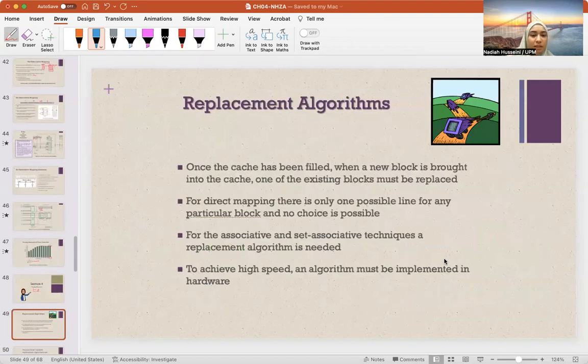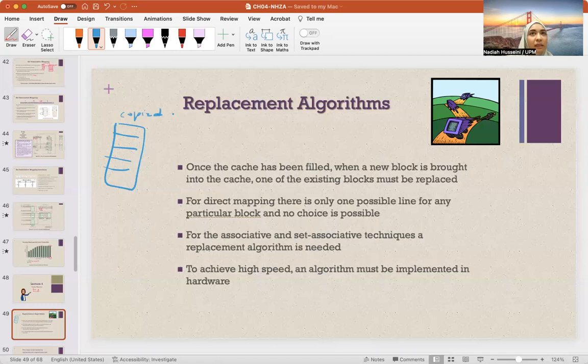Once a cache has been filled, the main memory has mapped its data onto it. One more thing I want to tell you: when the data is mapped onto the cache, the data is not lost in the main memory. The data is copied into the cache.